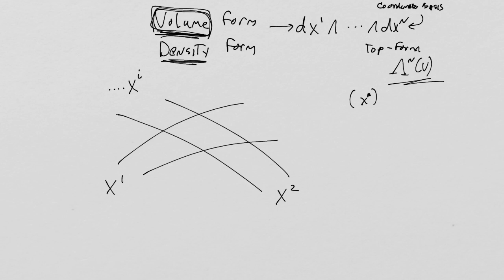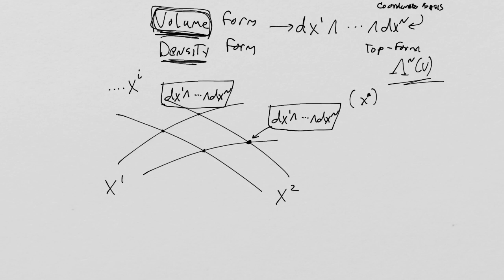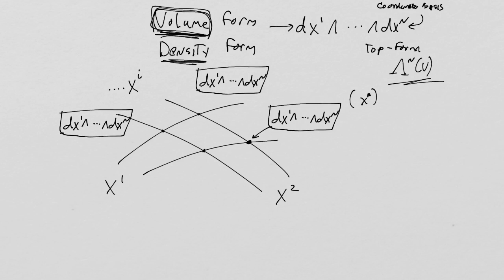If we have our coordinate system and all of our space-time points, we definitely can create this basis vector for the top form basis at every point in space-time, right? We can create this guy. In fact, I can even copy and paste several versions of it, one for every point.